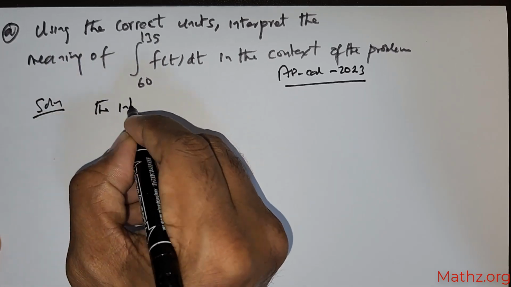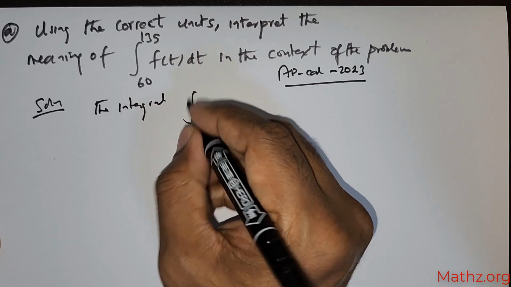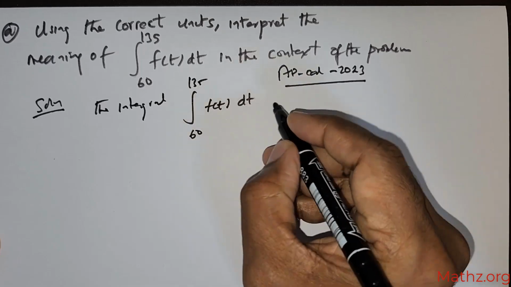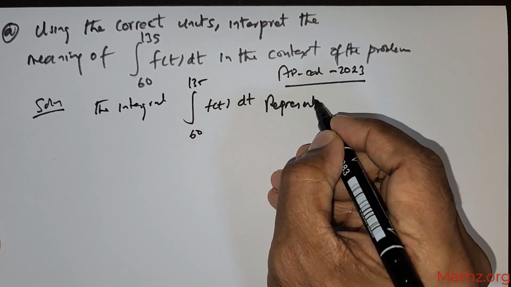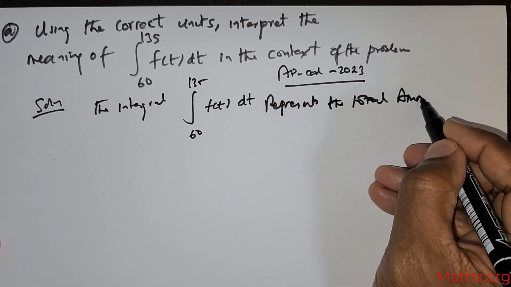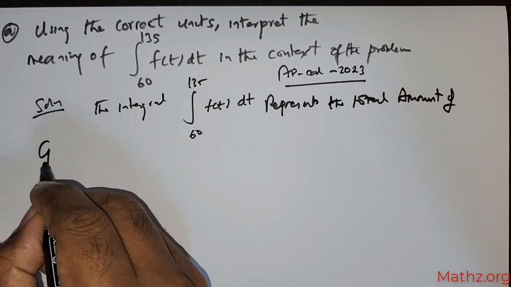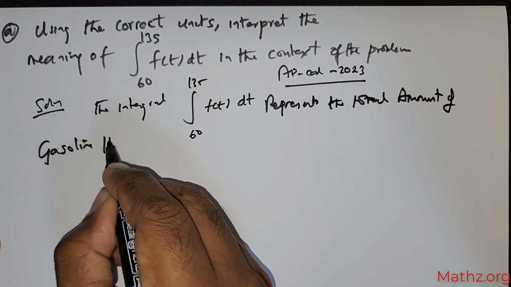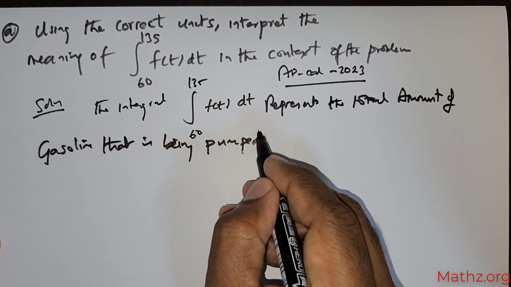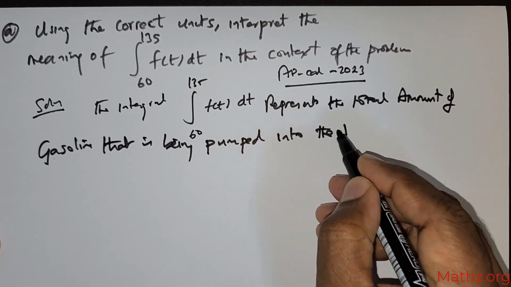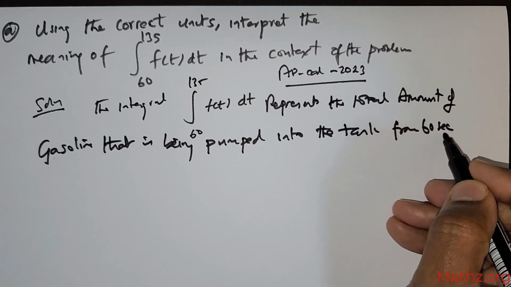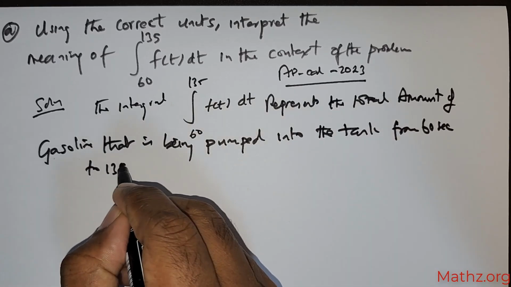The integral, with limits from 60 to 135, f of t dt represents, this is a keyword, the total amount of gasoline that is being pumped into the tank from 60 seconds, this unit you need to place, to 135 seconds.